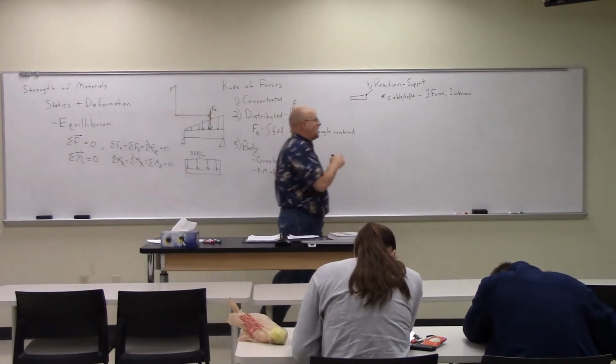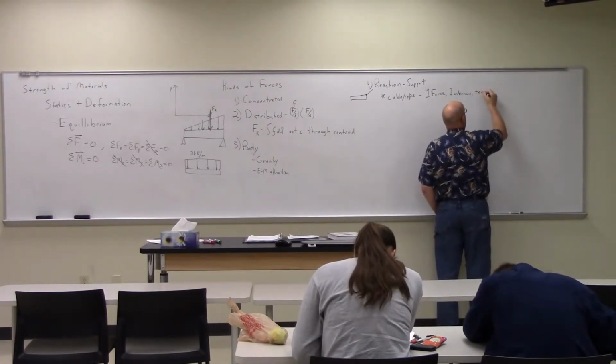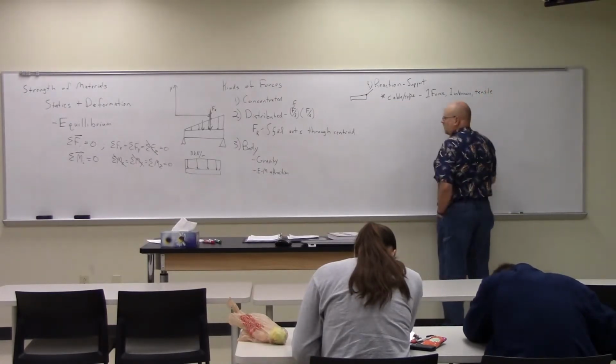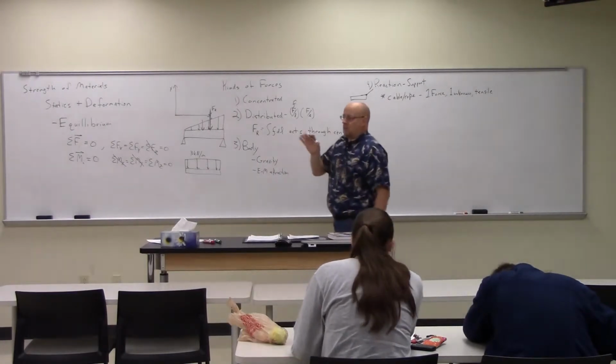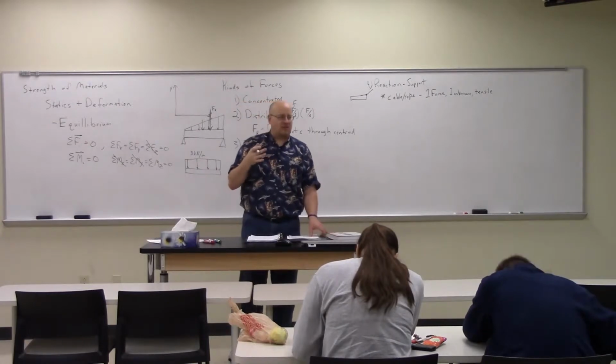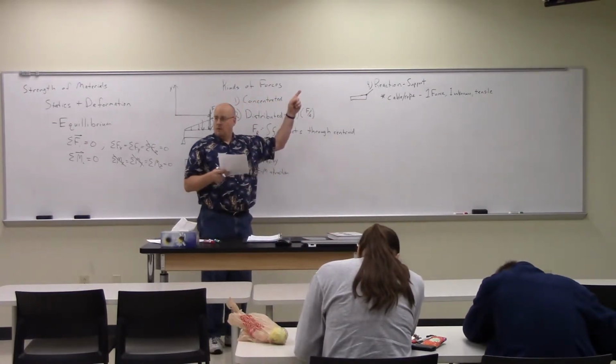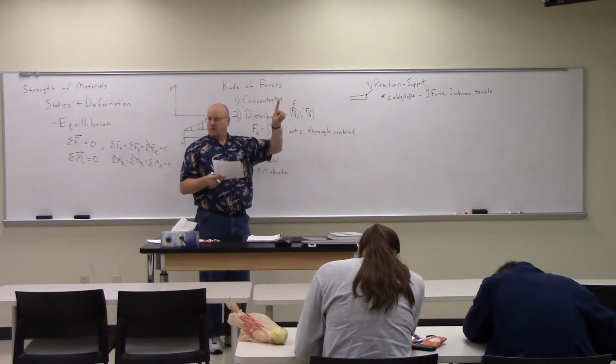Right? And what's more, we know that it's tensile. Cables can't support compressive forces. They can't push, they can only pull. Right? So that's the simplest support reaction, a cable. One force, one unknown, we know its direction, we know it's tensile, we just don't know its magnitude.